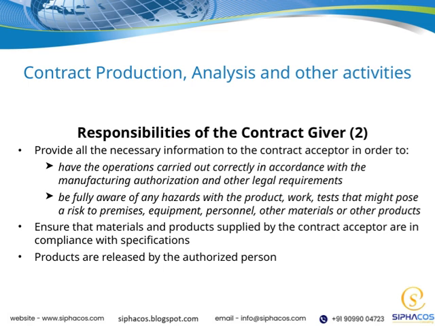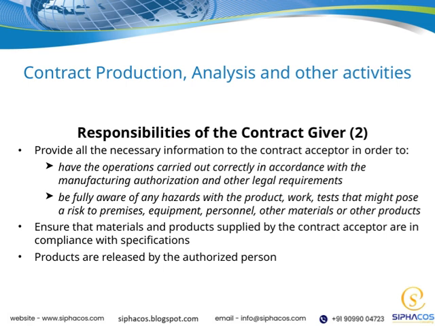Another key responsibility is to make sure that any materials and products supplied by the contract acceptor meet the agreed-upon specifications. This helps us maintain quality and compliance at every stage. Additionally, it's important to remember that products should only be released by an authorized person. This adds an extra layer of oversight and ensures that only approved products reach the next phase or the market.